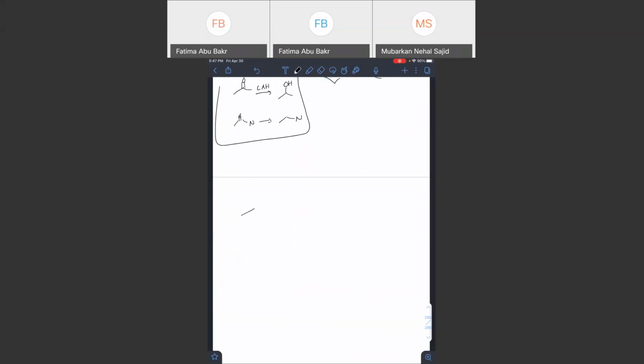Firstly, one weird reaction is if you have a ketone and you react this with NH3, then you get the replacement of this oxygen with an N. It might seem kind of weird, but this is exactly the same problem we've done before with those, I don't want to call them Wittig reactions because they don't involve an ylide, but Wittig-like reactions.